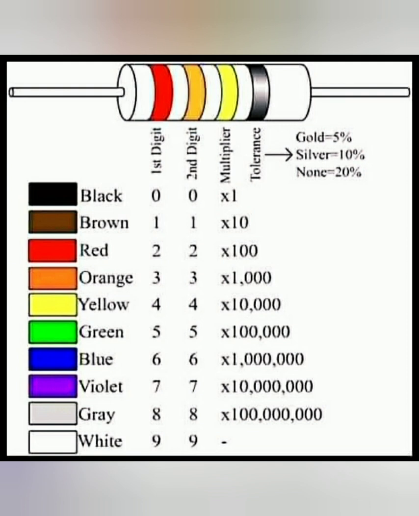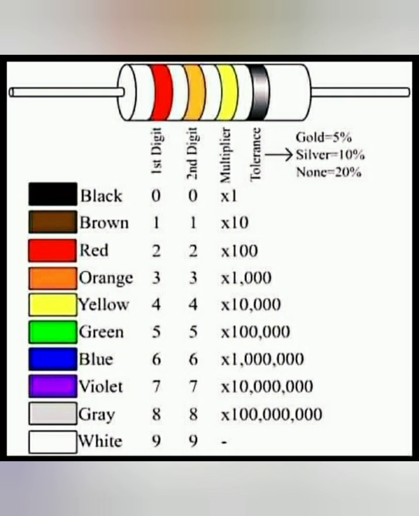Then coming to red, 2, which means the first digit is 2, and you need to multiply by 2 zeros, which means the multiplier will be 2 zeros. Then for orange, 3 zeros. Then for yellow, 4 zeros.